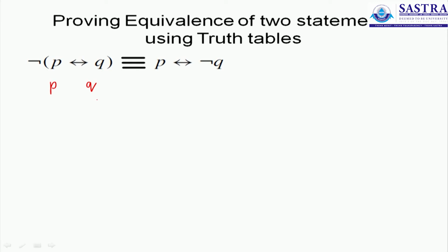So P, Q, we have a biconditional between P and Q. We need a negated version of Q, the negated version of the biconditional of P and Q, and at the last part we also need a biconditional between P and negation Q.